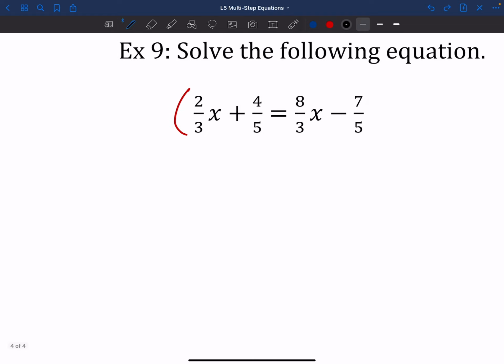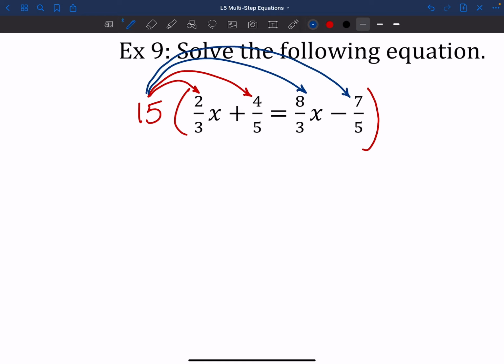Somehow I changed colors between one and the other. So we're going to pop a 15 on the outside, and we're going to go through this one piece at a time. I'm actually going to color code it a little bit so it's easier to see what's going on. So, again, for these fractions, 15 divided by the bottom, 15 divided by 3 is going to leave us with 5.